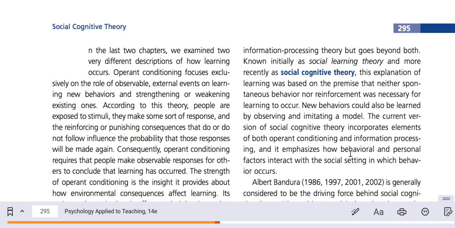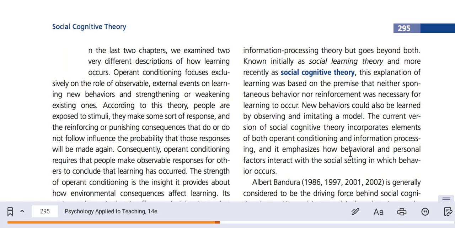but goes beyond both. Known initially as social learning theory, and more recently as social cognitive theory, this explanation of learning was based on the premise that neither spontaneous behavior nor reinforcement was necessary for learning to occur. New behaviors could also be learned by observing and imitating a model.